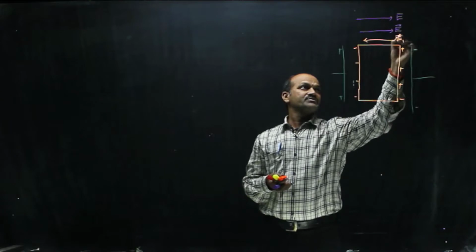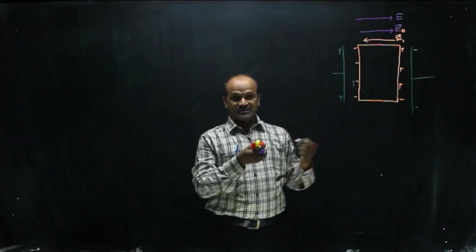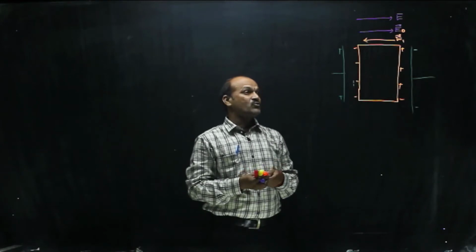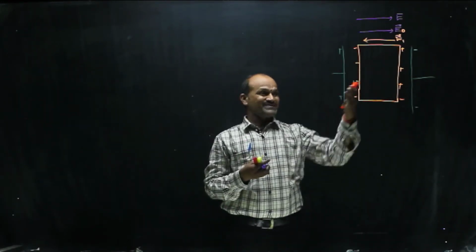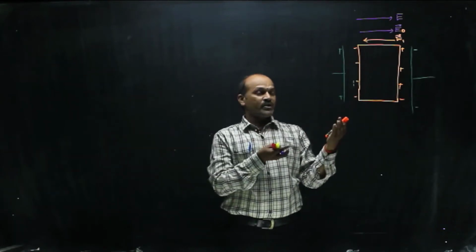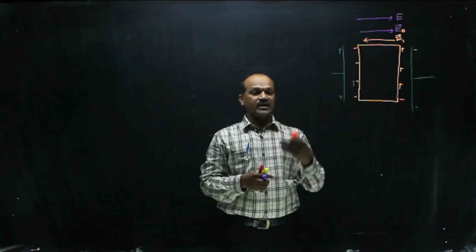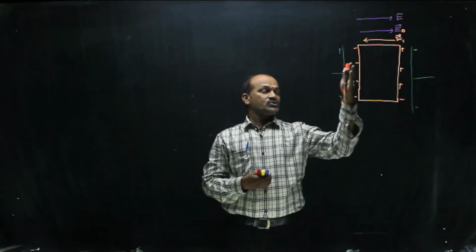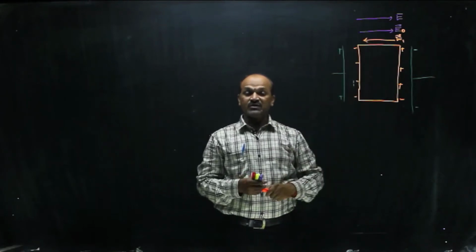Say you are applying E naught, the external electric field. The applied external uniform field polarizes the material. Due to that polarization inside the material, a depolarizing field, that is a negative field, is induced. That negative field tries to oppose the applied external field.